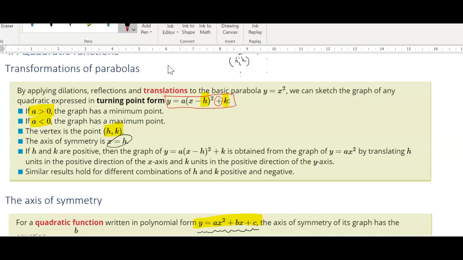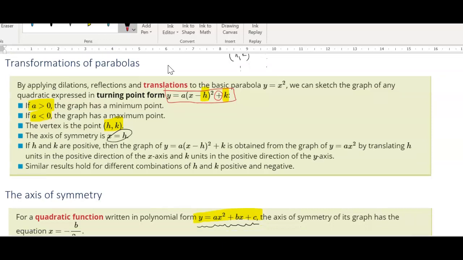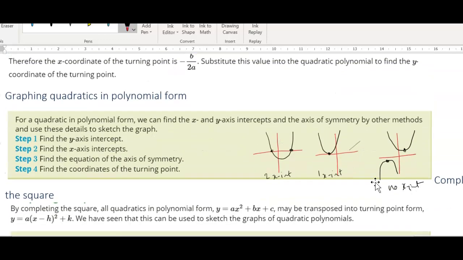So if it's a positive parabola that's been shifted up, no x-intercepts. If it's a negative parabola, so A is negative and K is also negative, so it's a negative parabola that's been shifted down, like this scenario here. Oops, I just realized you can't see my cursor, so this one here, no x-intercepts.